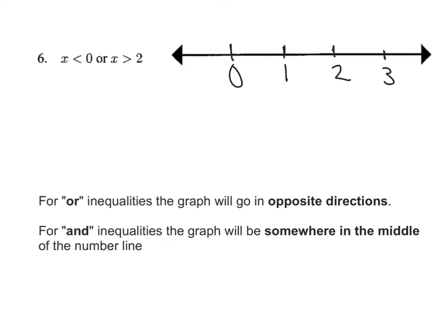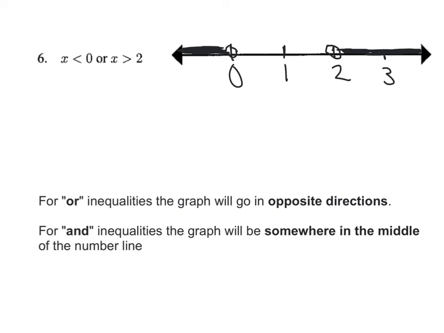All right, now, if we say that x is less than 0, then that means we need an open circle at 0, and we want to shade in everything that is below it. Or it could be greater than 2. So again, an open circle at 2, and I'm going to shade in everything above it.